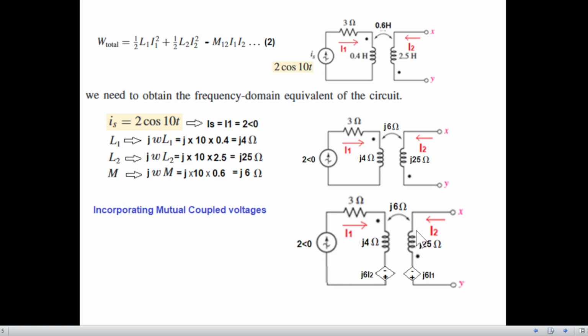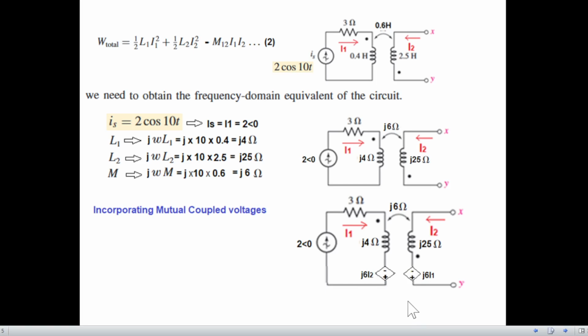Now the dotted terminal on the other side is at the bottom, so the bottom side will be positive. Similarly here, if the current is entering the non-dotted terminal, then the non-dotted terminal side, that is the bottom side, will be positive. So this is positive, and obviously the upper will be negative.